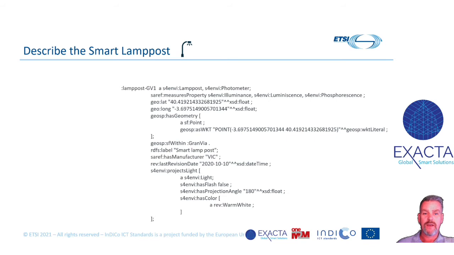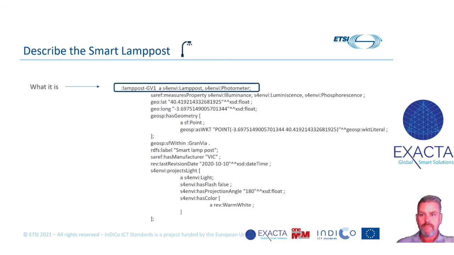In this example, I provide a description of the smart lamppost. And for that description, I am describing, first, what it is. It's a lamppost, and I'm using the SERIF extensions and describing this lamppost as both a lamppost and a photometer.